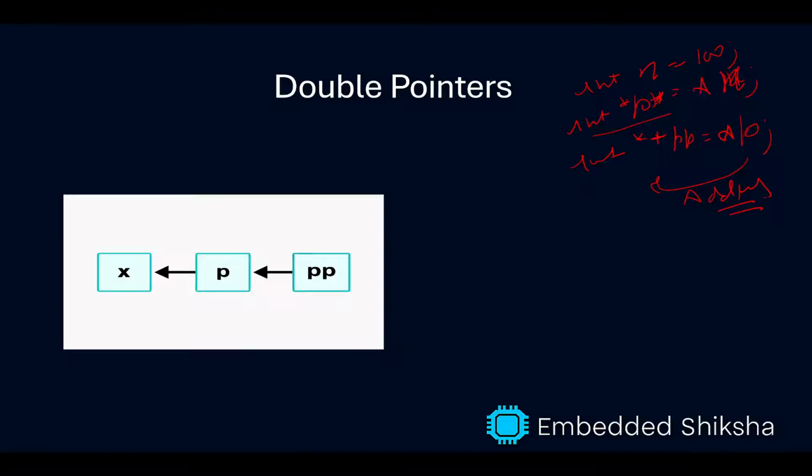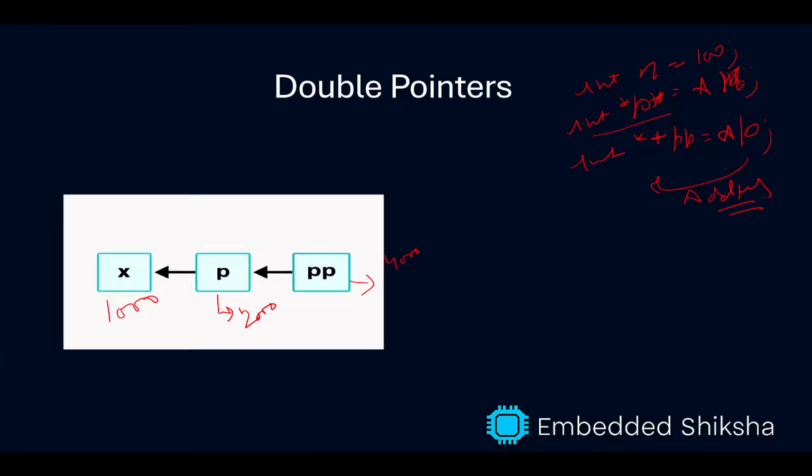To understand this from the memory visualization point of view, I have declared one pointer pp which is a double pointer. Let's say the address of pp in memory is 4000, the pointer p is stored at some address 2000, and x is stored at the address 1000.